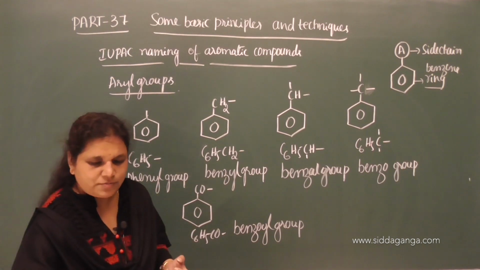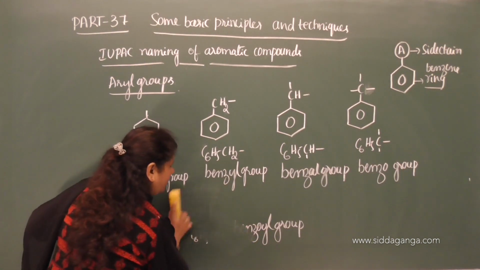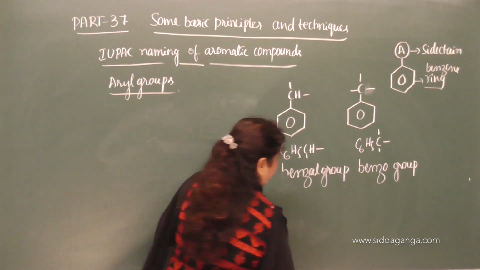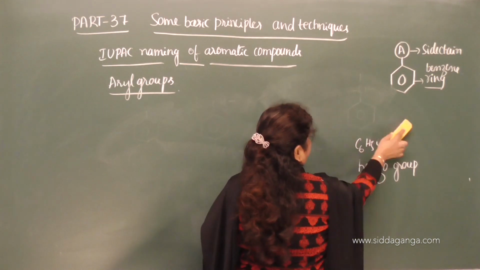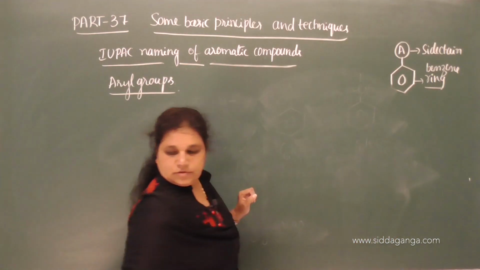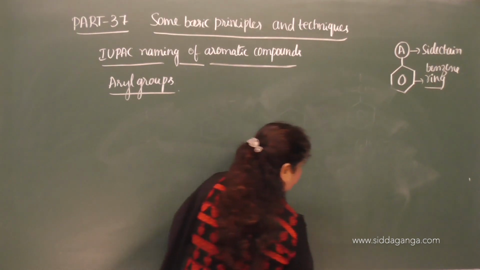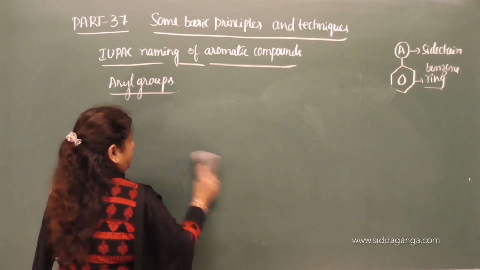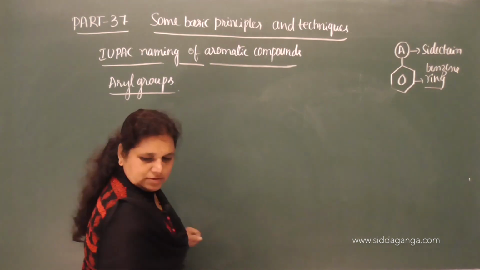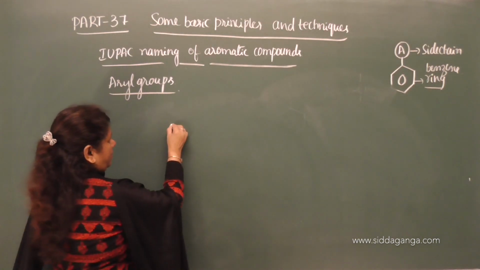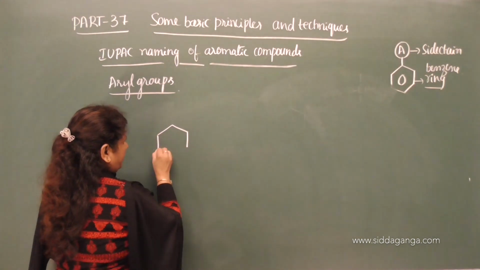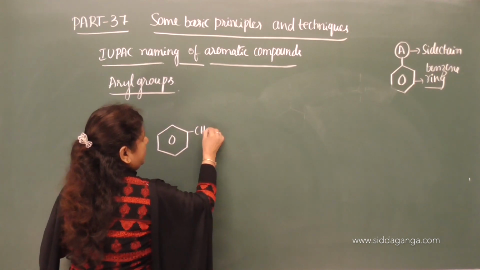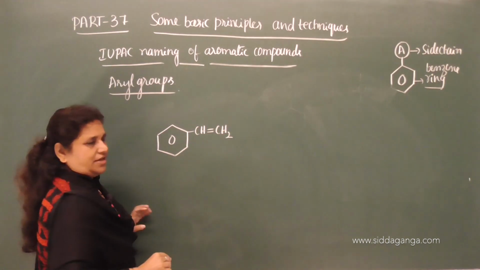Clear? Now, let us move on to monosubstitution only. In monosubstituted compounds, note down these aryl groups. I will give two examples for this. See here. This is the compound, and here we have CH double bond CH2.